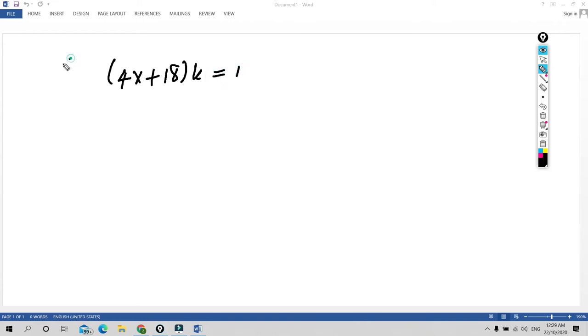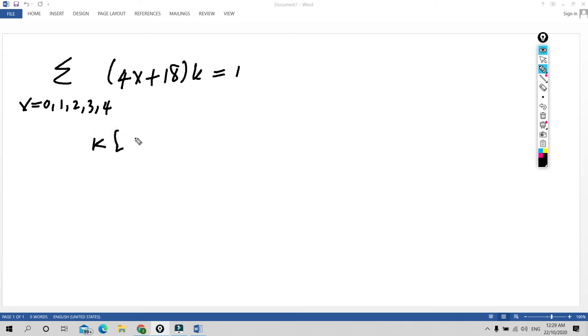Then you solve for x. X is 0, 1, 2, 3, and 4. To solve this, k is a constant here, it's a coefficient, so just put k there.